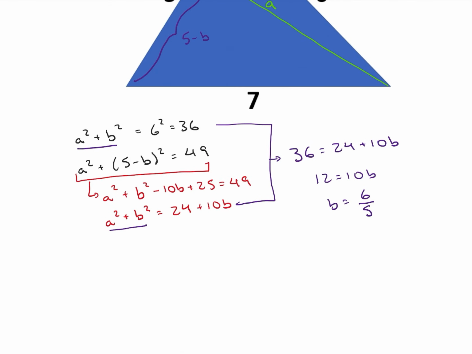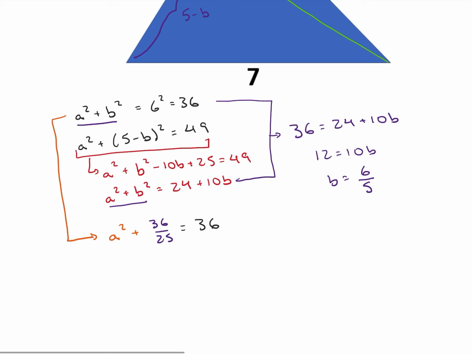So if I look at this first equation again, if I plug in my B value, I get A squared plus (6 over 5) squared, so 36 over 25, is equal to 36, which tells me that A is equal to the square root of 36 minus 36 over 25.